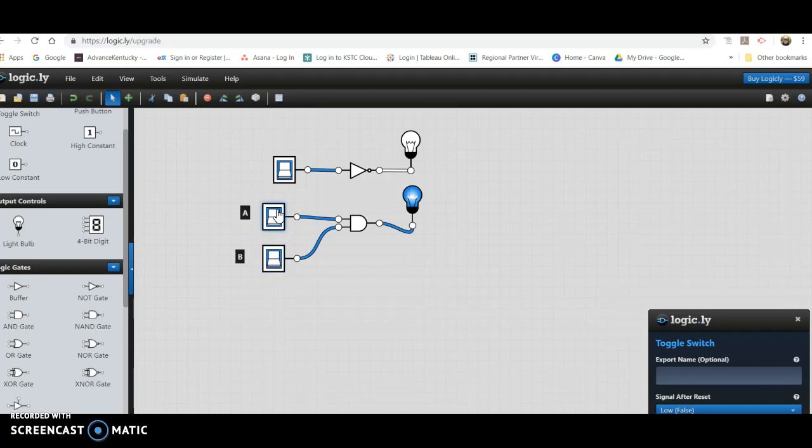Turn on both A and B. A and B are on, which makes our light bulb on. So the only way we could get that output to be on, true, 1, is if both inputs are on, true, ones.